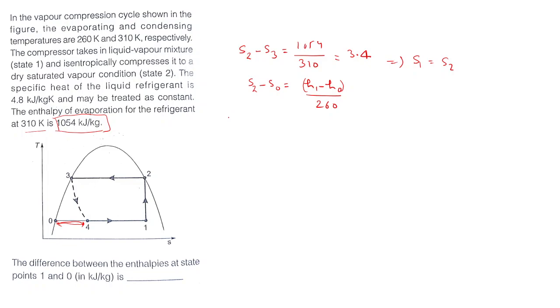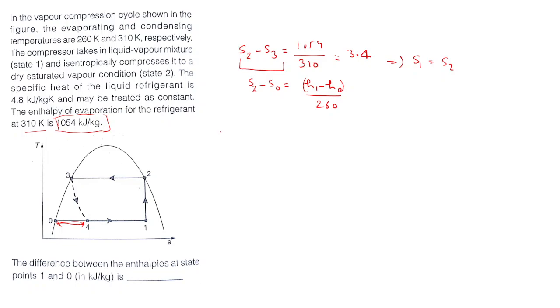Same thing, right? Next, we can get this value of S naught. Then we can simplify, multiply this, and get this value. So this way we have to proceed.